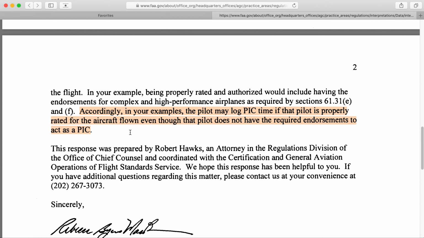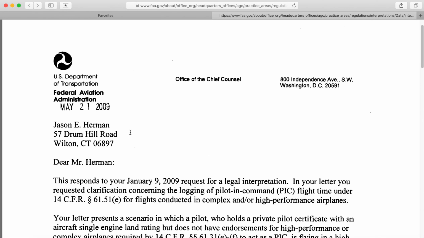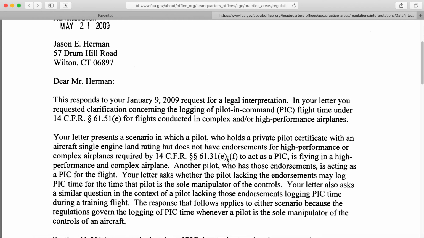So if you are one of those many student pilots or aspiring commercial pilots who have 10 or so hours of complex time in your logbook that you did not log as PIC, it was more than likely logged incorrectly, and it should have been logged as PIC. And if your flight instructor argues with you about that, tell them to go argue with the FAA about that, because that's what the FAA said.